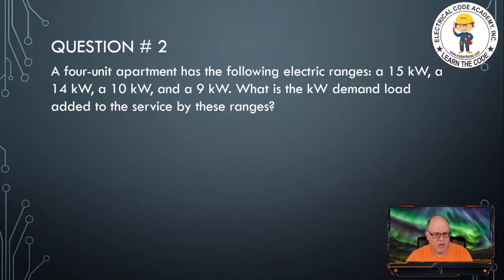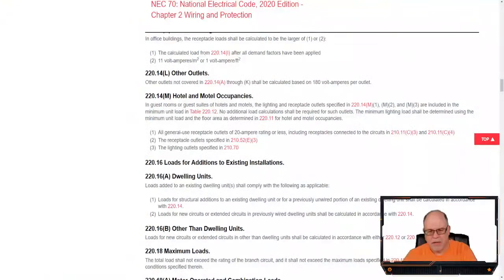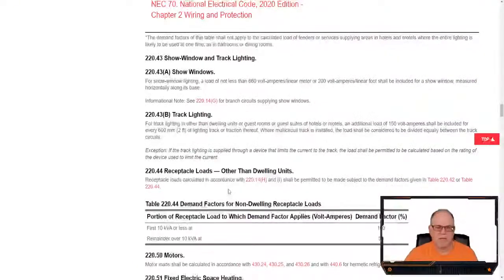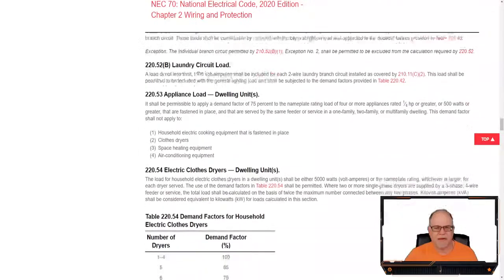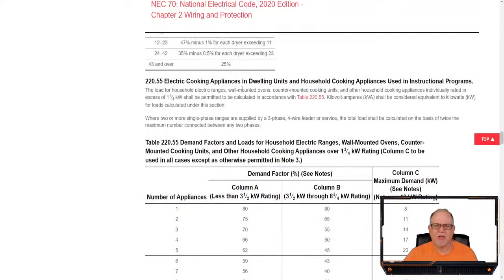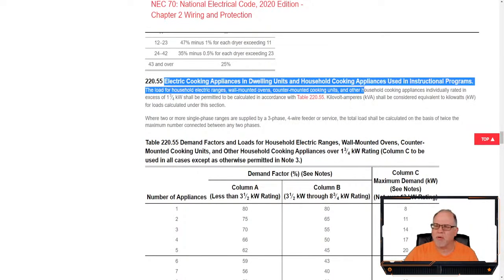All right, so I'm going to go to the code. And in the code, we're going to go on down to 220.55 right here. And we're going to read this code rule first, and then I'll show you how to dissect this out so you understand it a little bit better. All right, 220.55 says, electric cooking appliances in dwelling units and household cooking appliances used in instructional programs.